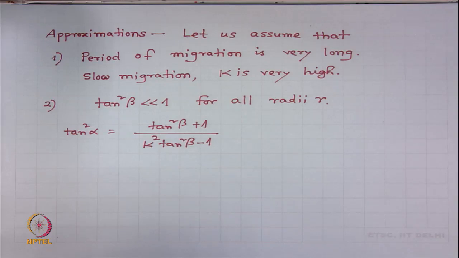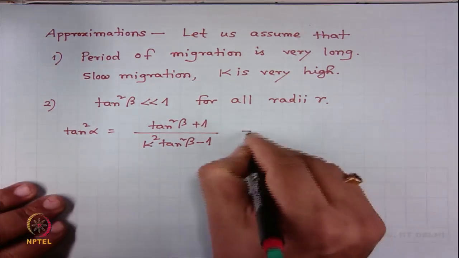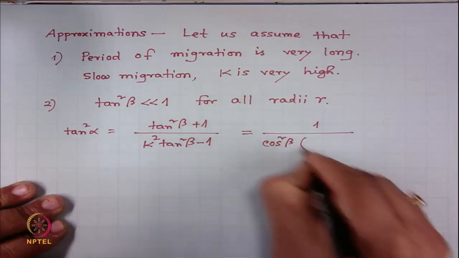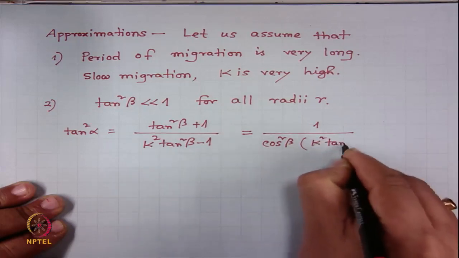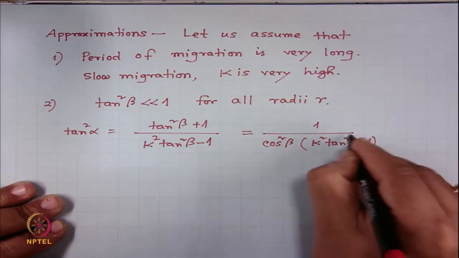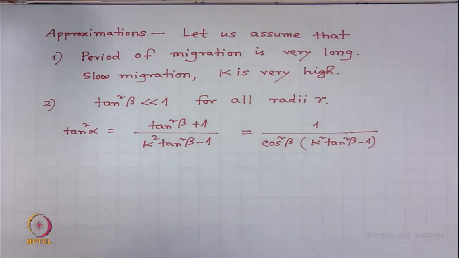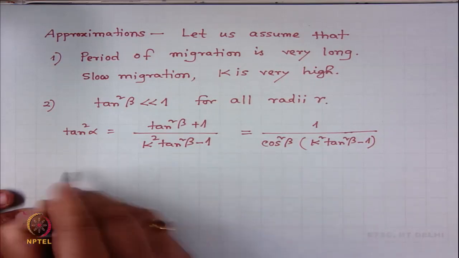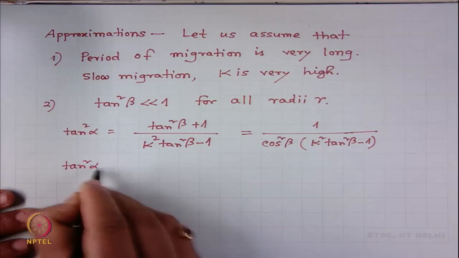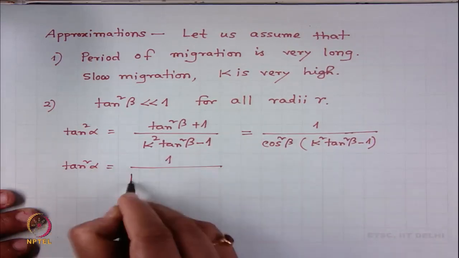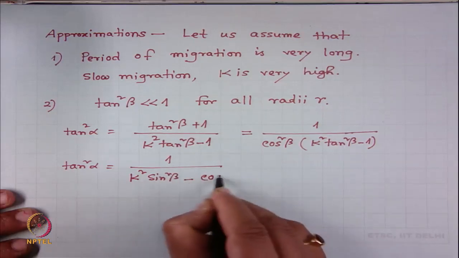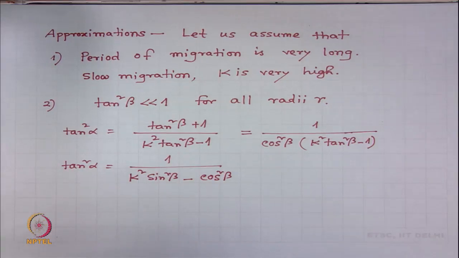Sec square beta is 1 by cos square beta. So, we can write 1 by k square, sin square beta minus cos square beta. Sin square beta is equal to 1 minus cos square beta.